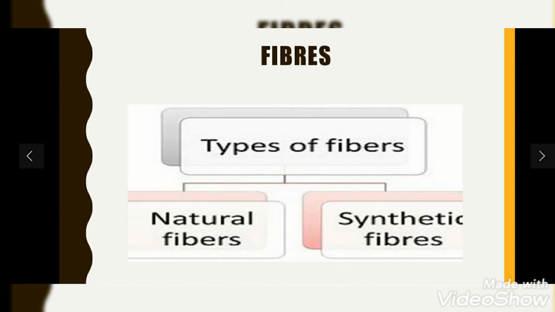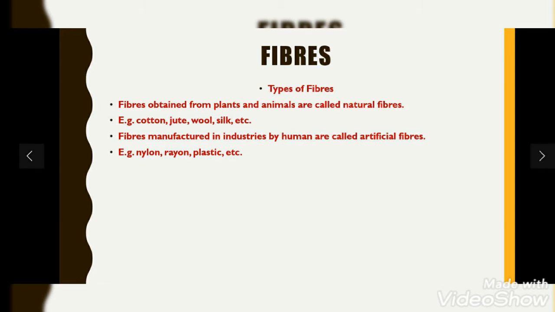Natural fibers are from plants and animals, and synthetic fibers are those fibers which are manufactured in the factories, in the industries.